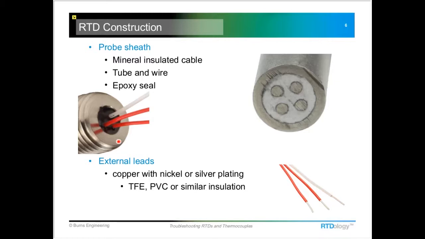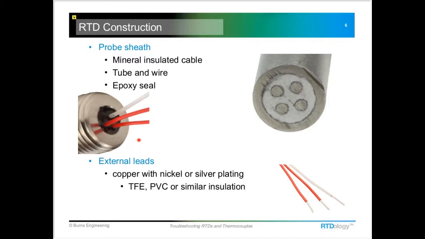We're going to talk a little bit later about what moisture can do if it gets inside the probe. It can cause a temperature measurement error. The epoxy does a good job of keeping out water vapor, but if you get liquid on it, a lot of manufacturers use Teflon insulated lead wires, and as we know, the only thing that sticks to Teflon is frying pans, and it just doesn't stick to Teflon insulated lead wires.